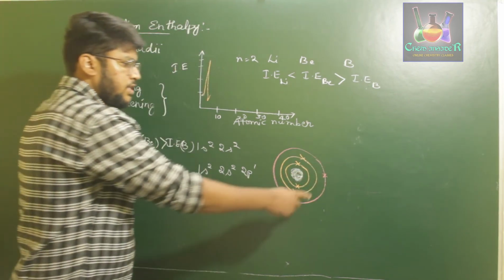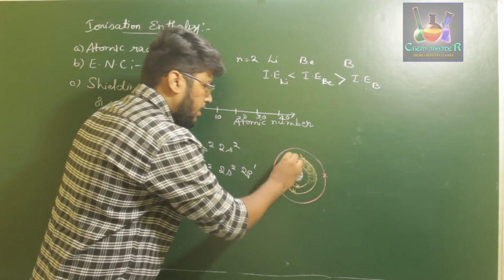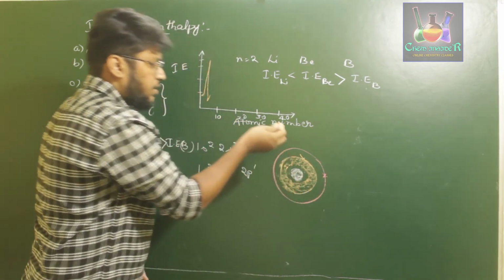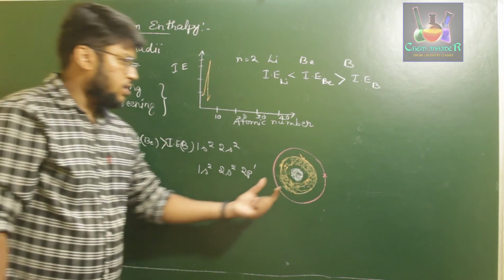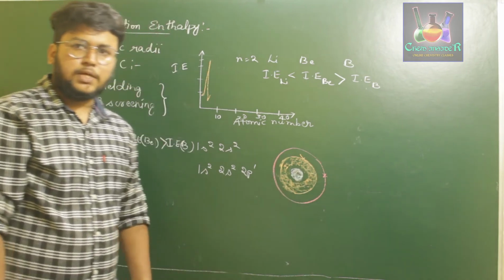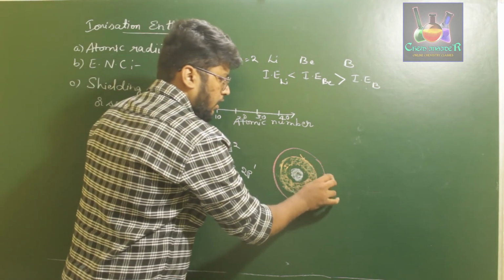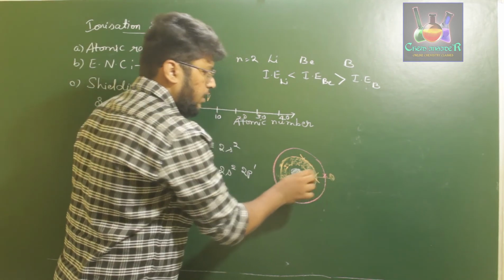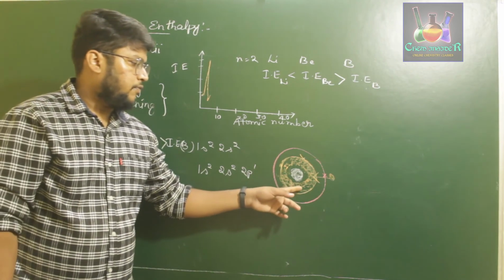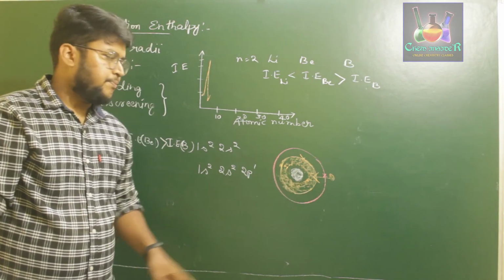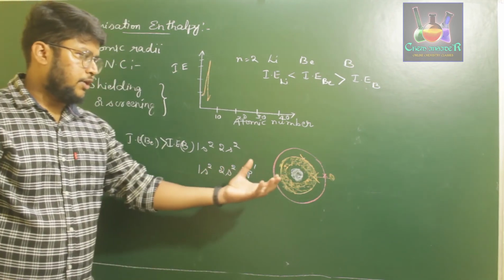Boron, which has 1 electron in the 2p orbital, is shielded by the electrons present in the 1s and 2s orbitals. Because of this shielding, because of the 1s and 2s electrons present before the 2p1 electron, this boron electron is not effectively attracted towards the nucleus. Since we have completely filled orbitals of 1s2 and 2s2, the 1 electron present in the 2p orbital of boron is not effectively attracted towards the nucleus.